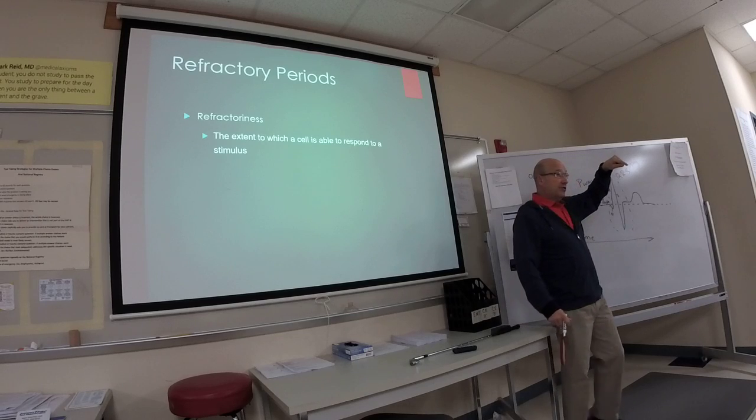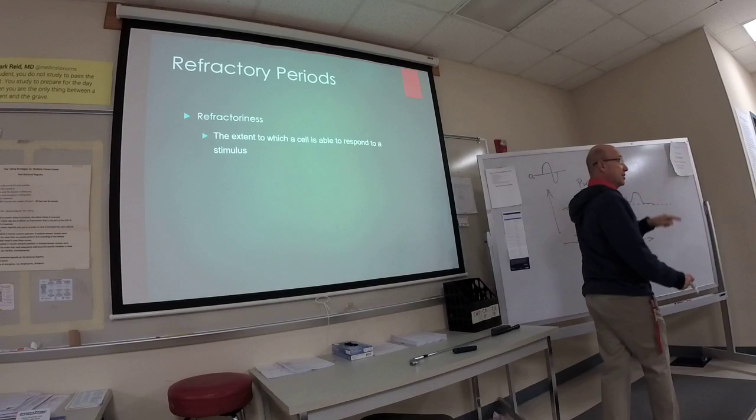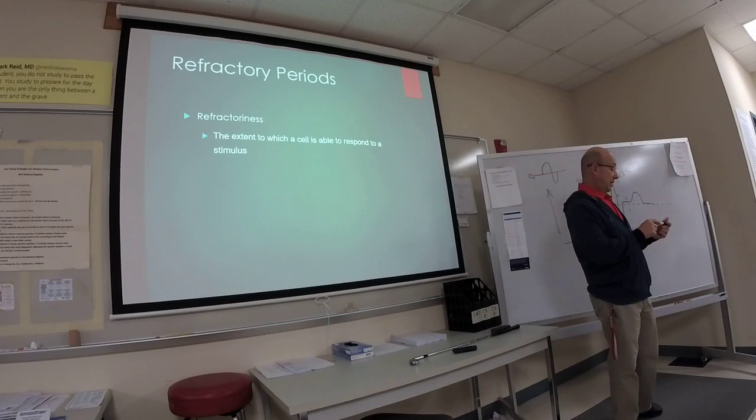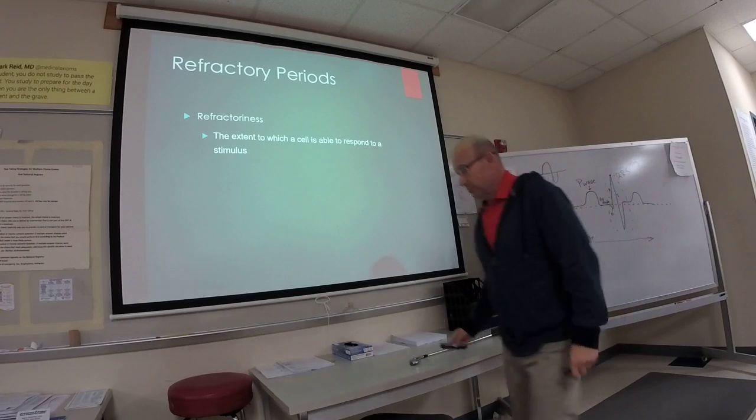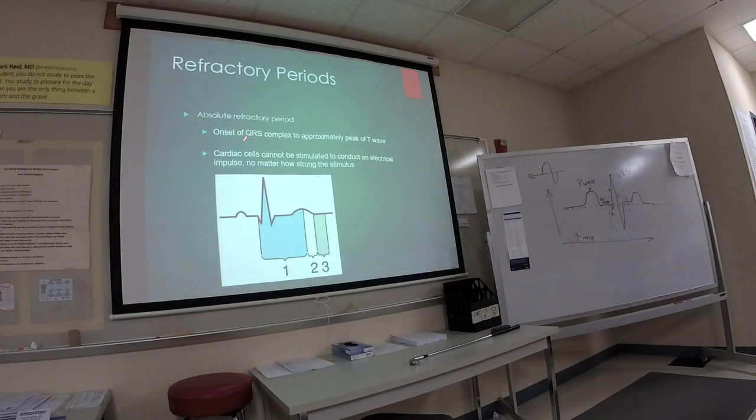Because what it's trying to do in that synchronized cardioversion is to deliver energy into the relative refractory period over here in the T wave. So the absolute, it's broken down in this one right here, this absolute refractory period.